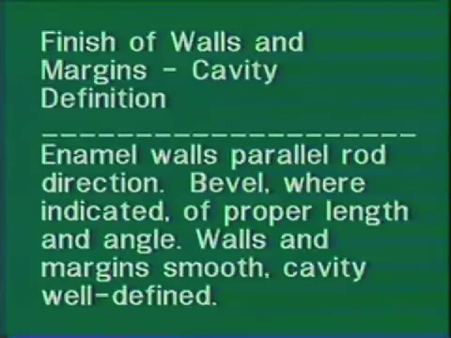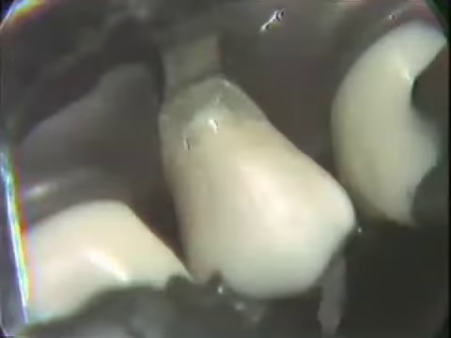Again, the margins and walls and cavity definition. The enamel walls are parallel to rod direction. There is really no bevel in this case because of the use of the electroalloy. The walls and margins are smooth and the cavity is well defined. And we see here this to be true.